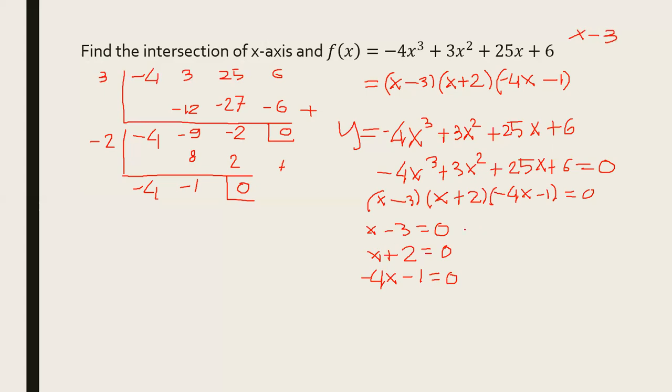If x minus 3 equals 0, it means x equals positive 3. If x plus 2 equals 0, it means x equals negative 2. If negative 4x minus 1 equals 0, it means x equals negative 1/4, or negative a quarter.